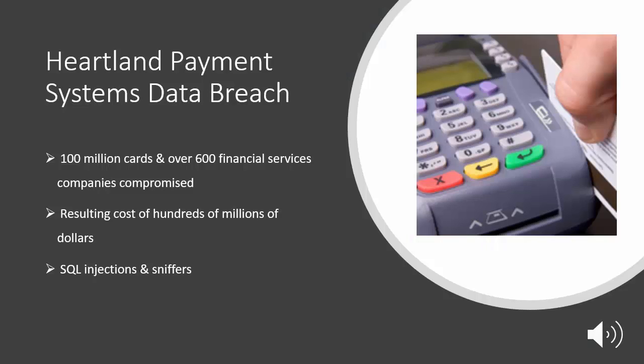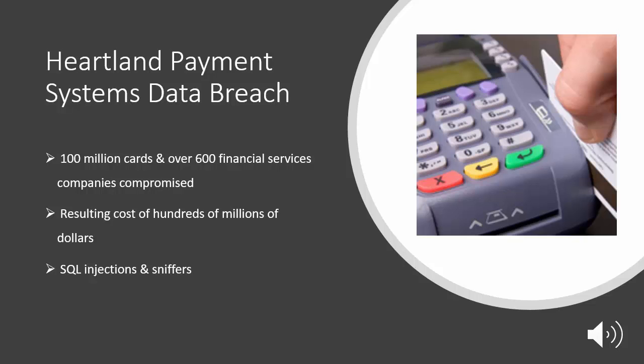Back in 2008, Heartland Payment Systems, one of the largest payment processors in the US, was the target of a massive data breach. According to one estimate, about 100 million cards and more than 600 financial services companies were compromised, with a resulting cost of hundreds of millions of dollars.